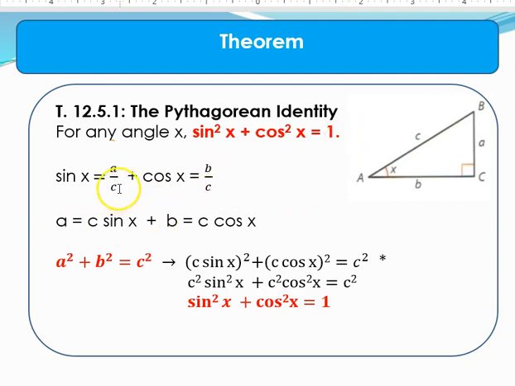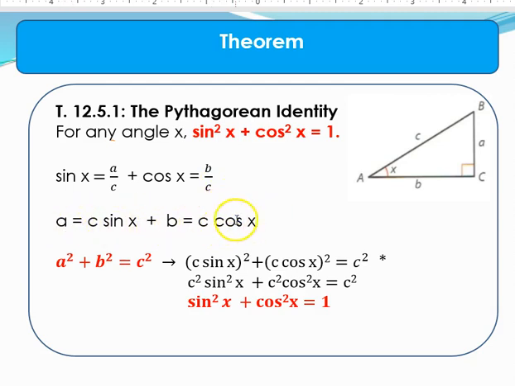Now let's take these two expressions and eliminate the denominators by multiplying by c, and we end up with a equals c sine x, and b equals c cosine x. So these are the two expressions that are above here, just multiplied by c, eliminating the denominator.